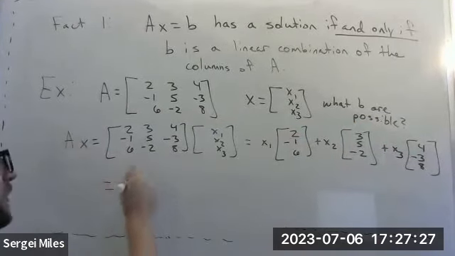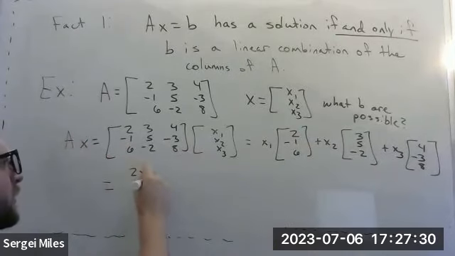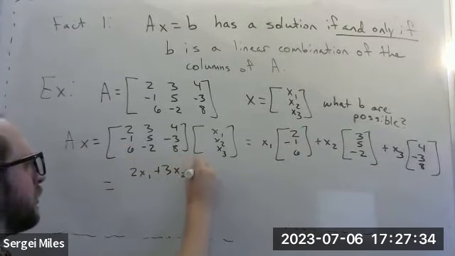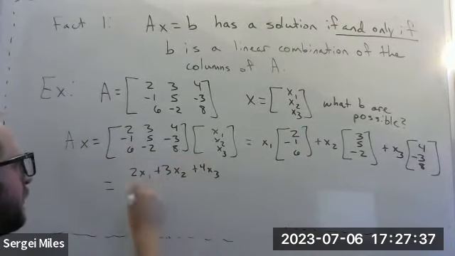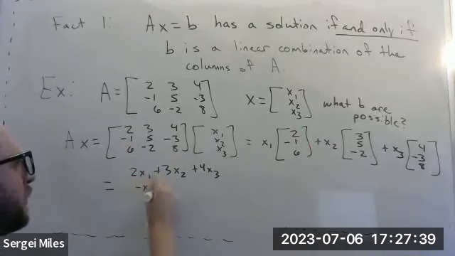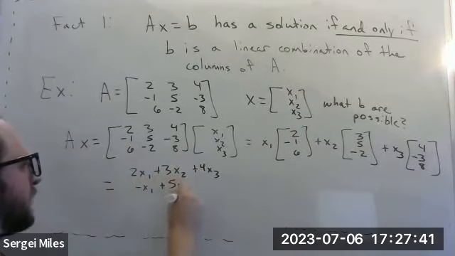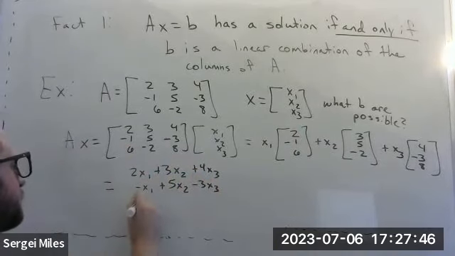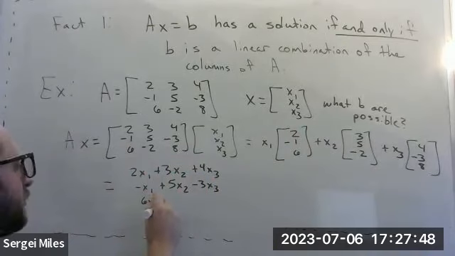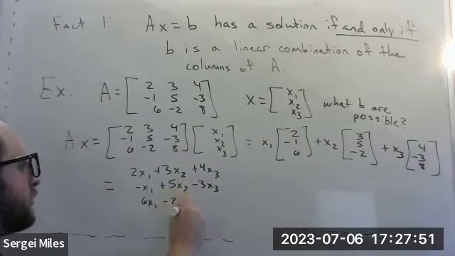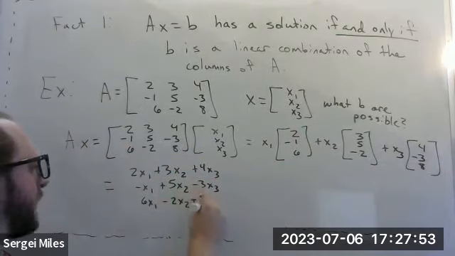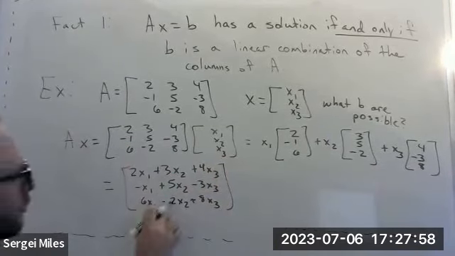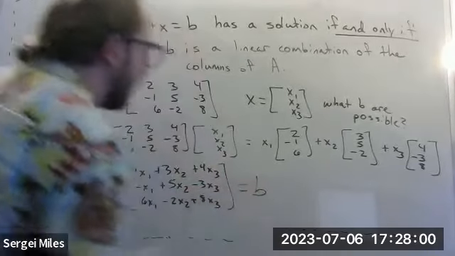So what do I get? I'm going to have 2x1 plus 3x2 plus 4x3, negative x1 plus 5x2 minus 3x3, and 6x1 minus 2x2 plus 8x3. While this looks kind of messy, note this is just a column vector.